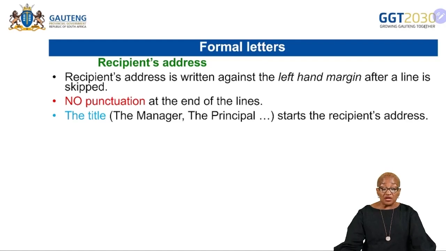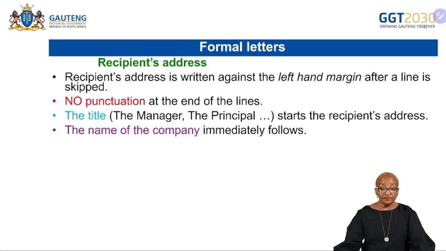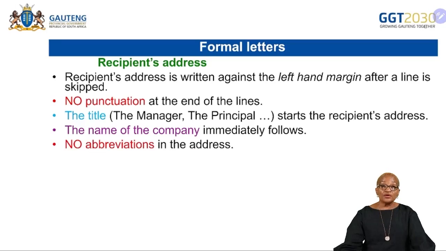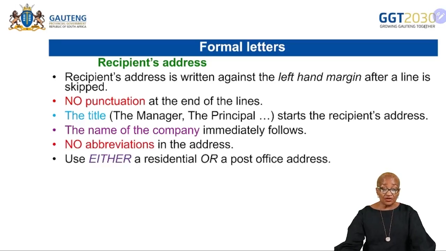The title, the manager, the principal, or whoever the letter is written to starts the recipient address. The name of the company immediately follows. There shouldn't be any abbreviation in the address.